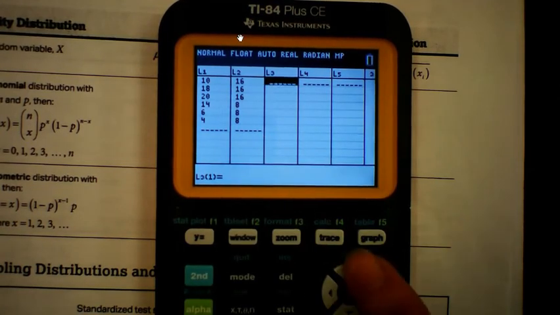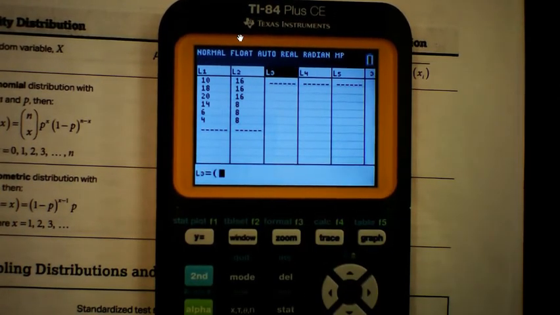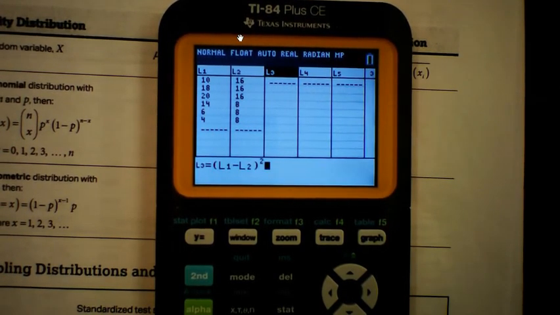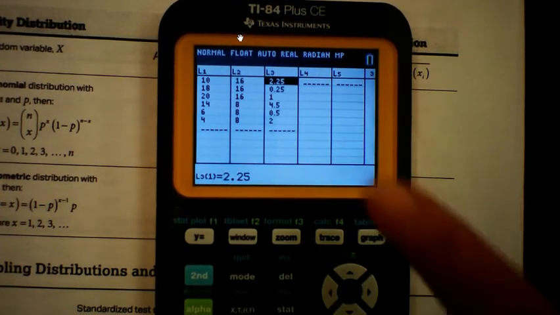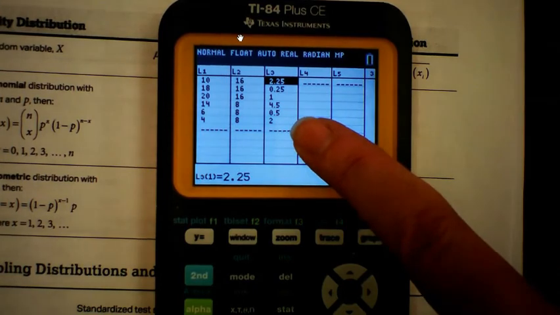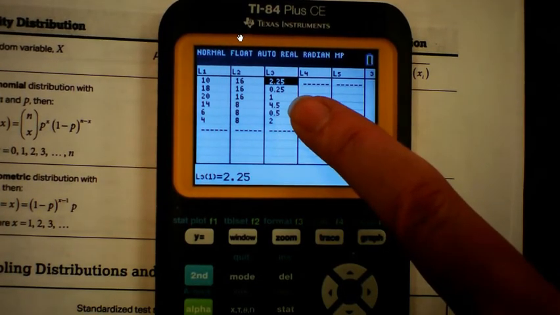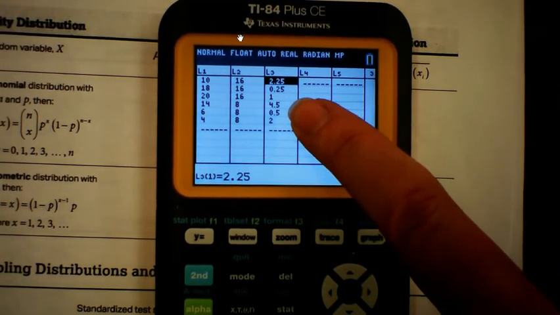I'm going to calculate my contributors, L1 minus L2. That quantity needs to get squared. Then I need to divide by my L2, and those are the chi-squareds. The largest contributor is definitely the desipramine no relapse.